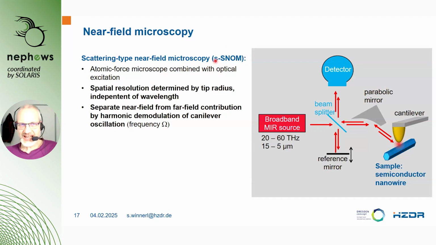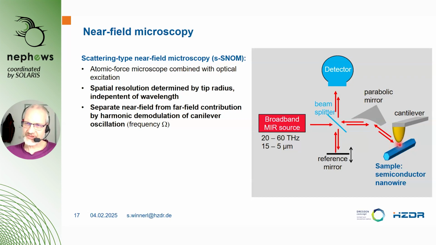Technically, the instrument is an atomic force microscope combined with optical excitation. It's depicted here. This is the tip at the vibrating cantilever of this AFM. Light is coupled in and the backscattered light is collected.